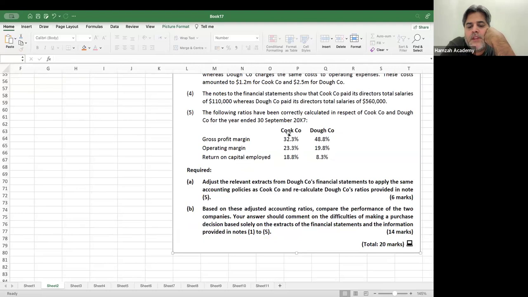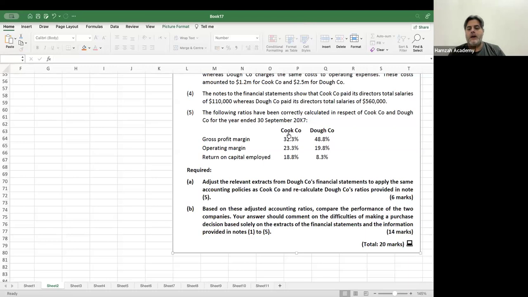Then, based on these adjusted accounting ratios, compare the performance of the two companies. Your answer should comment on the difficulties of making a purchase decision based solely on the extracts of the financial statements and the information provided in notes 1 to 5.